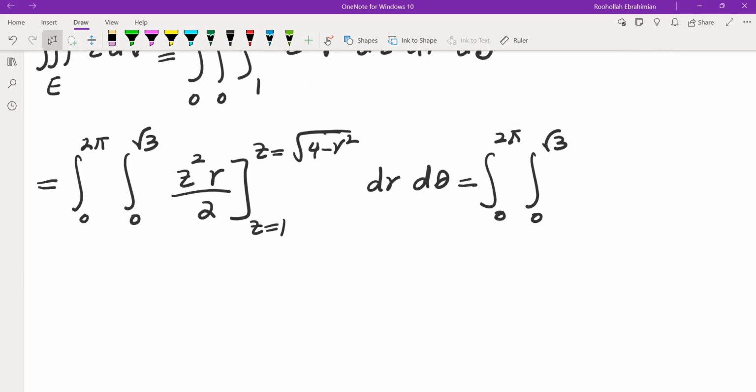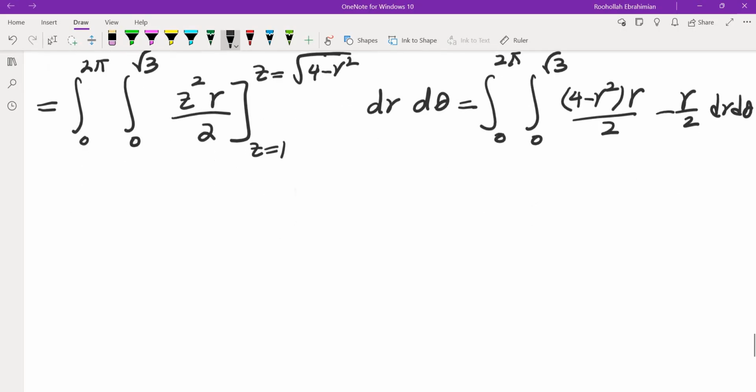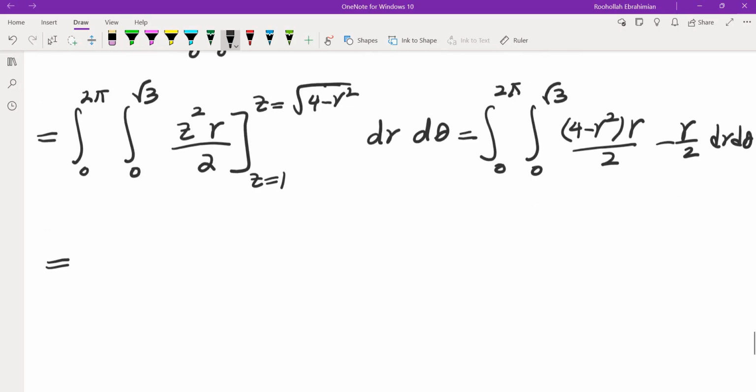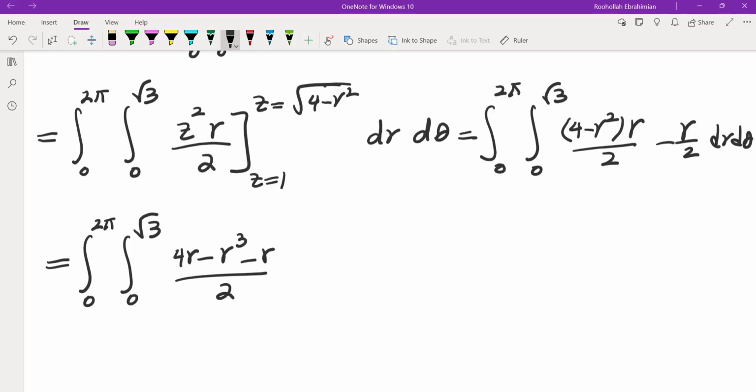If you plug in root 4 minus r squared, we get 4 minus r squared times r over 2 minus, when we plug in 1, we get r over 2, dr d theta. So if we plug that in, this is 4r minus r cubed minus r over 2, dr d theta.